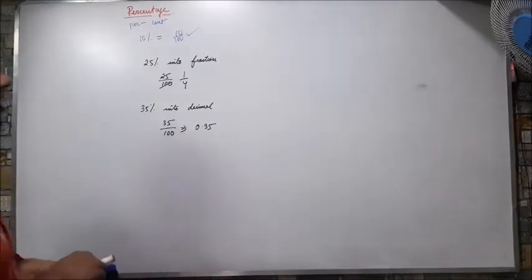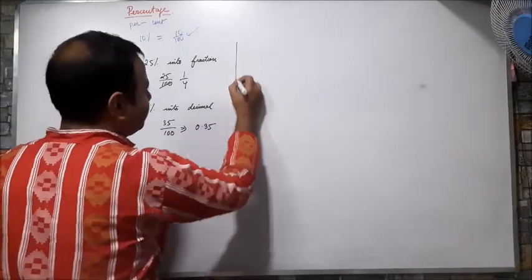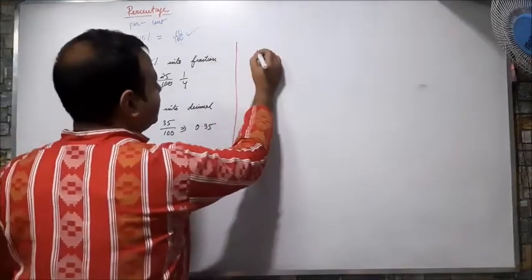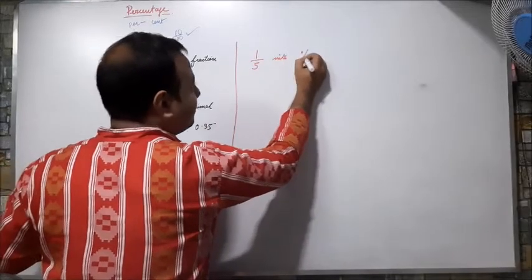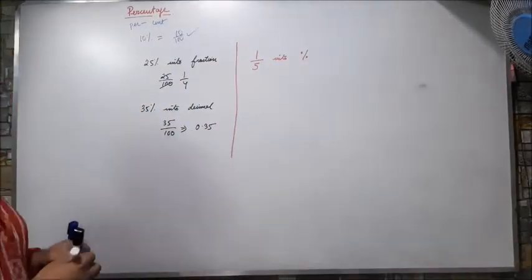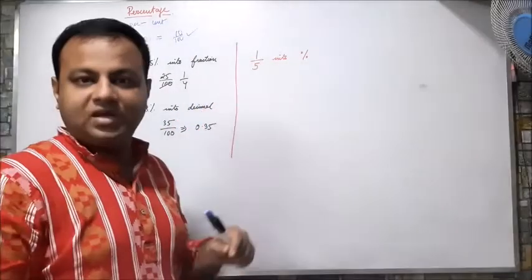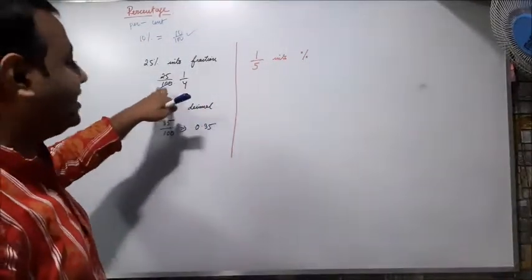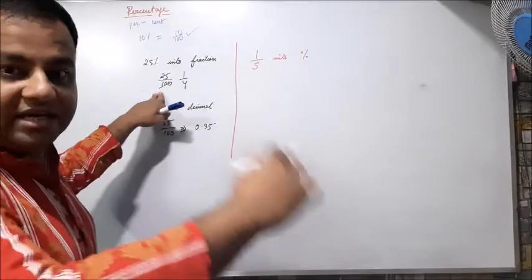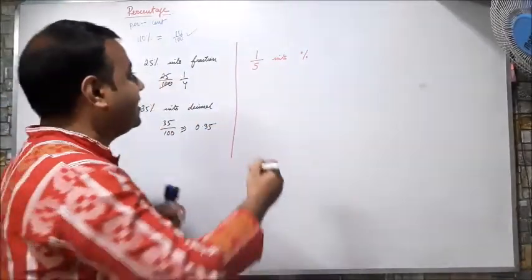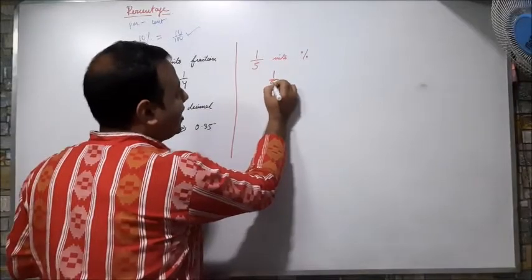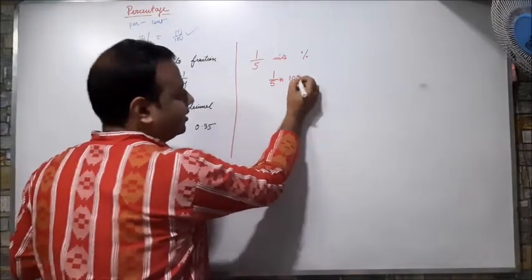Conversely, suppose you are given a fraction 1 by 5 and you are asked to convert it into percentage. Then what you will do? Here you divided, so to change a fraction into percentage you will multiply. How? 1 by 5 into 100.